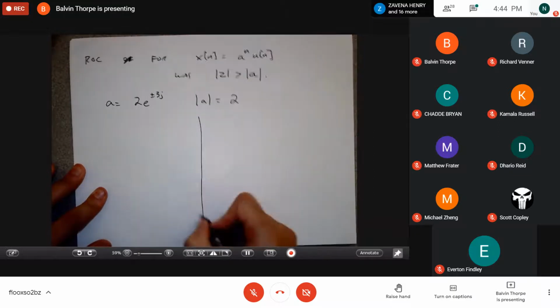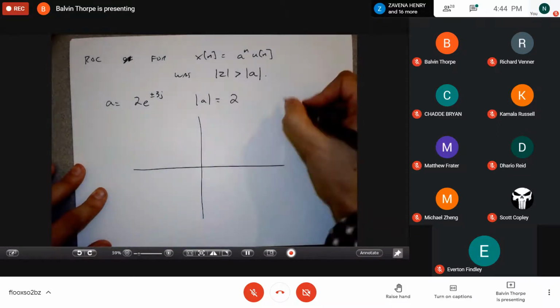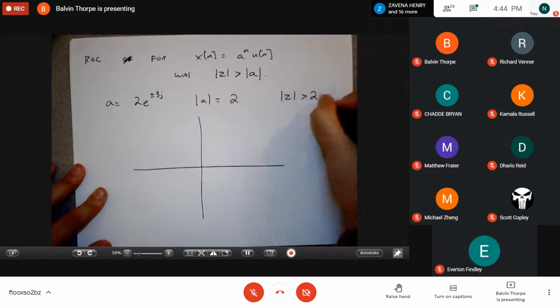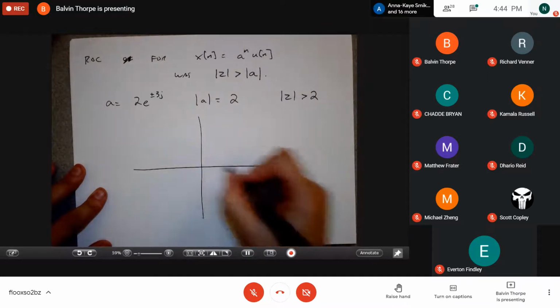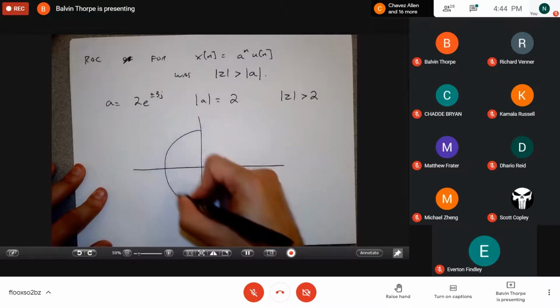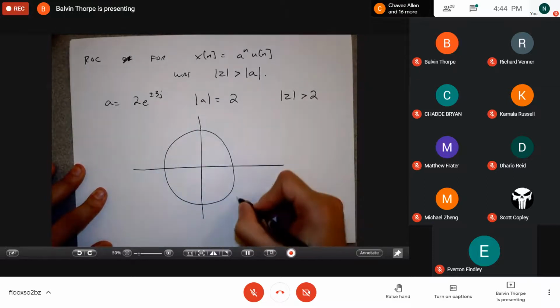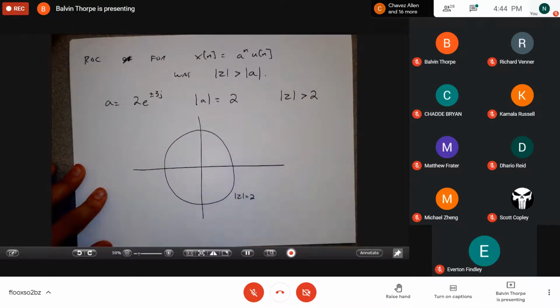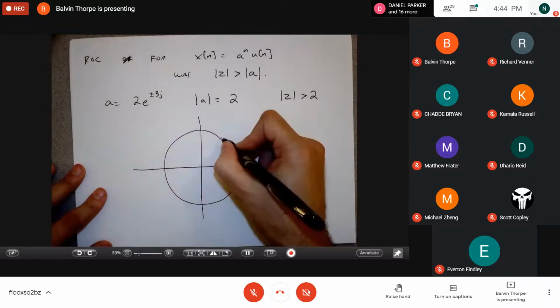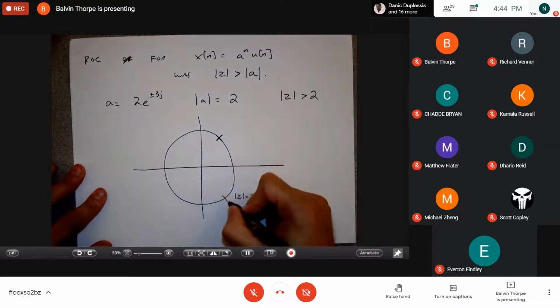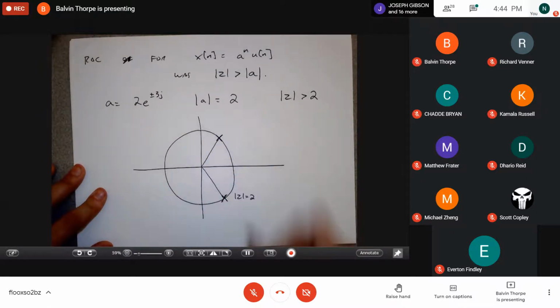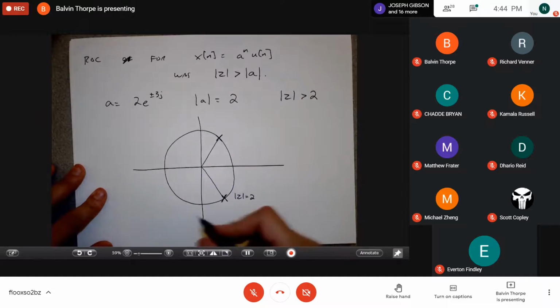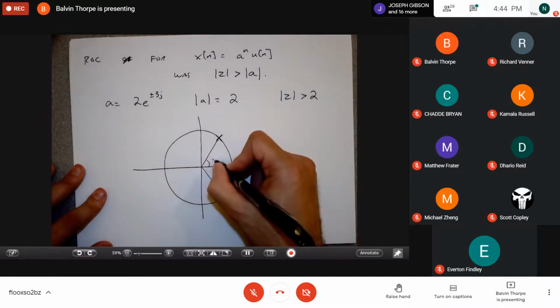And so if I were to draw the final thing, my ROC would be this. I can draw what my poles and zeros are. So here's a circle of radius 2, right? So this is like a circle of radius 2. I'm going to get poles at these locations here, where this angle is basically 3.